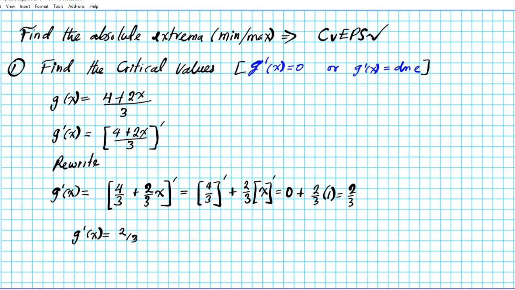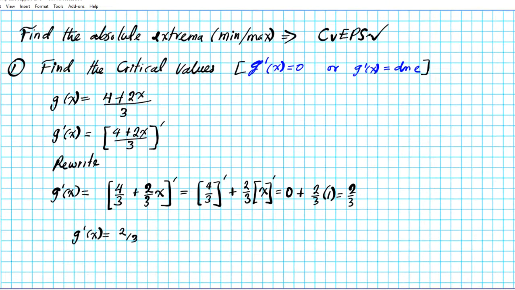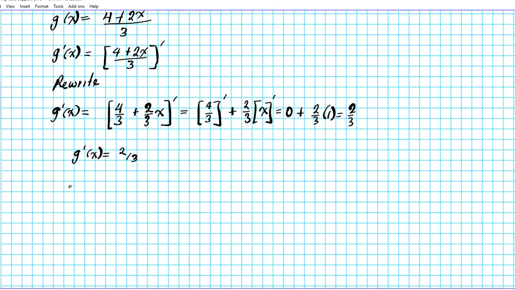Now, we're going to proceed to find the critical values. We want to look for where g prime of x is equal to 0 and where g prime of x is non-existent. So g prime of x equal to 0 means we're looking for where 2/3 is equal to 0. 2/3 can never be equal to 0.